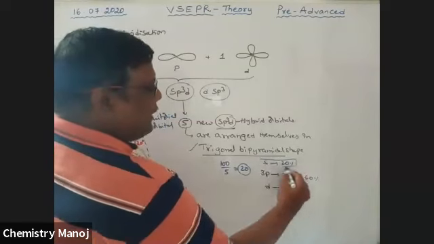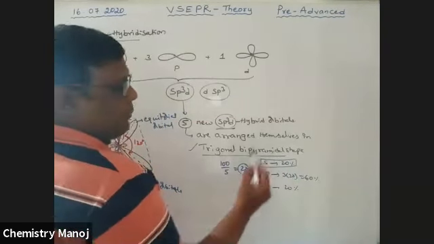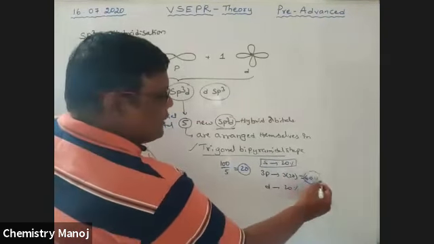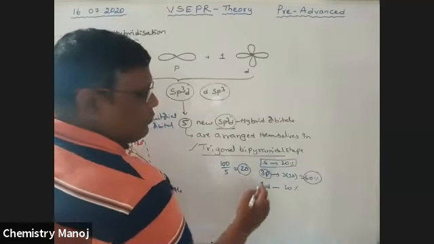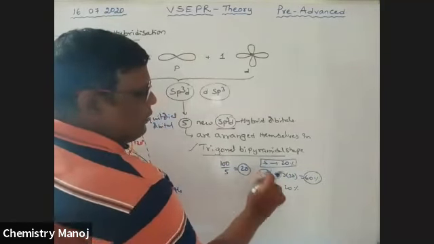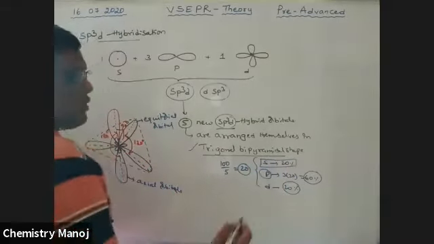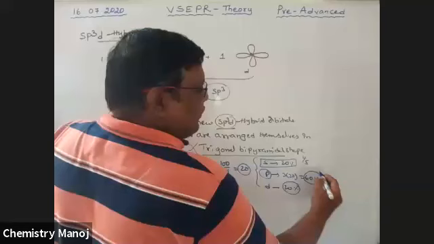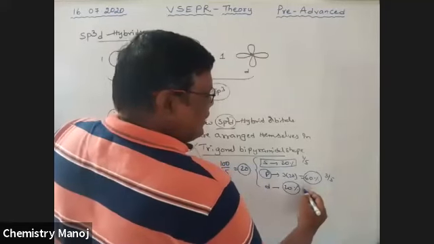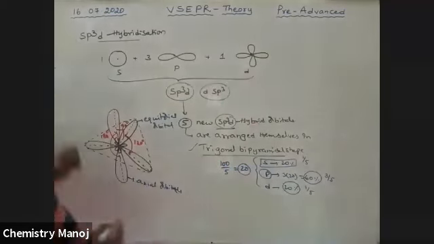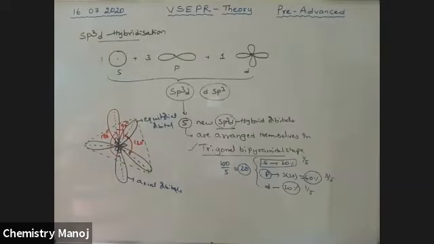So in sp3d hybridization, 20% S character, 60% P character, and 20% D character. In fractions, it is 1 by 5, 3 by 5, and 1 by 5.